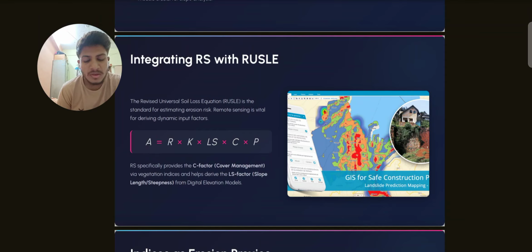Overview of the RUSLE model. It is an empirical model used to estimate the average annual soil loss caused by water erosion.